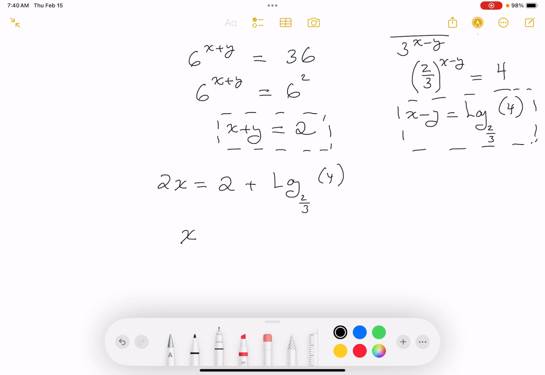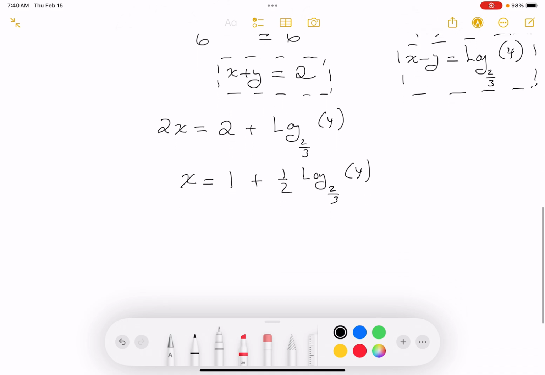Divide both sides by 2, and I find x is equal to 1 plus 1/2 log base 2/3 of 4. I'm going to use the rules of logs and pull that half up as an exponent, and you're going to get x equals 1 plus log base 2/3 of 4 to the 1/2 power, which is the square root of 4, which is 2. So I found x.